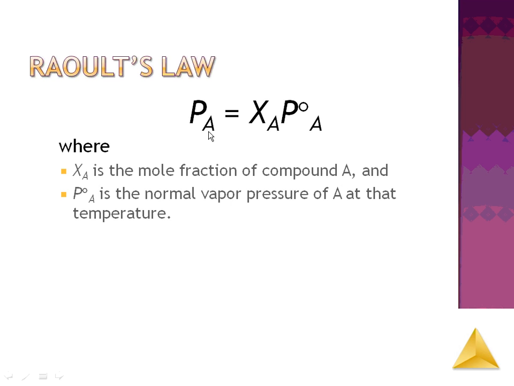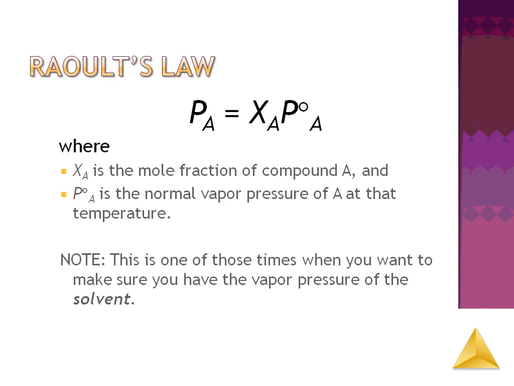You see that? This is all for the solvent. So we take the mole fraction of the solvent times its original vapor pressure, and we'll get the new vapor pressure for that mixture. So yeah, again, the solvent. Notice that subscripts are all the same. It's the solvent that's causing the vapor pressure.